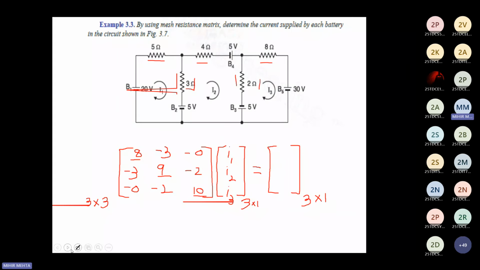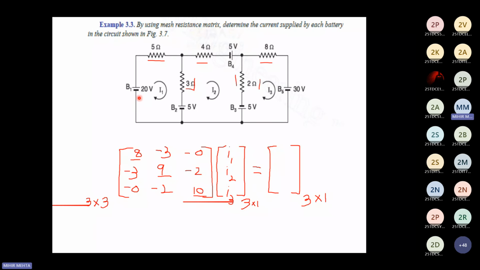For the voltage vectors, again, we'll follow the technique that we have been doing: starting the loop from the top left corner and moving in the clockwise direction. Before that, I'll just remove this spread of the ink so that it becomes easier for you to understand. Moving the loop in the clockwise direction as the mesh direction is given, crossing the positive terminal first, immediately followed by the negative terminal, this would be minus 5 volts.